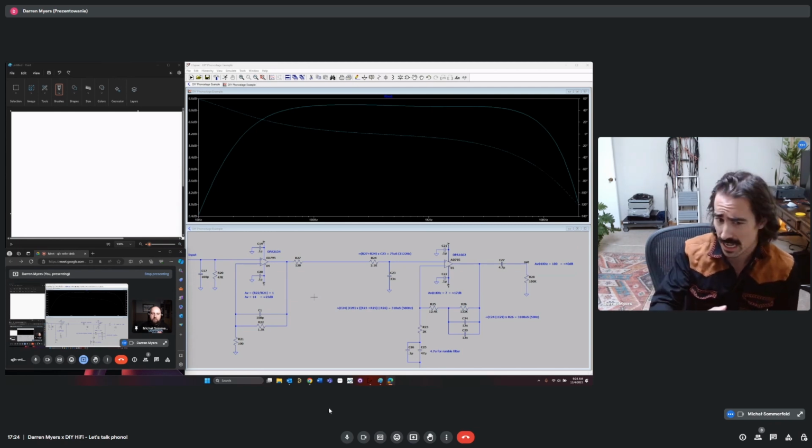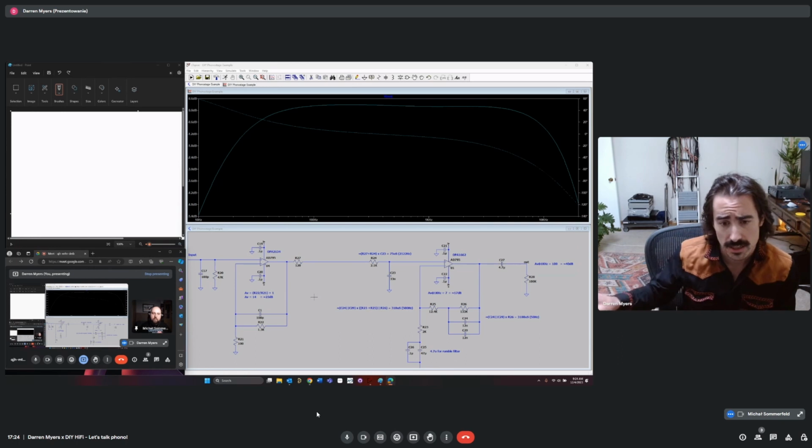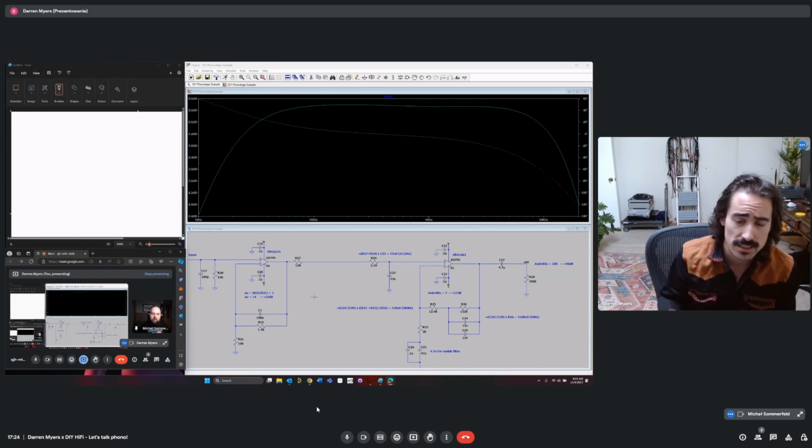They're going to have a more consistent open loop bandwidth, so their open loop gain versus frequency is going to be flatter.